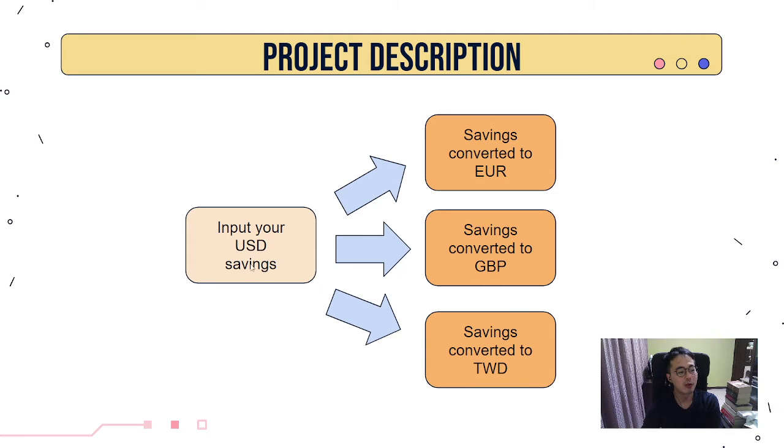For example, you have 100 USD, and you want to know how much it is when converted to euro, GBP, or Taiwan dollar. The exchange rate here is as it shows here. So now we're going to do this job.